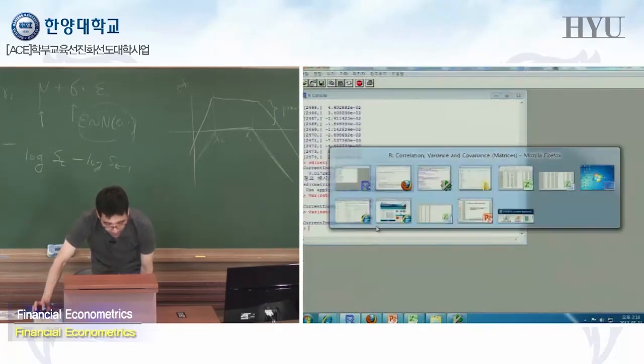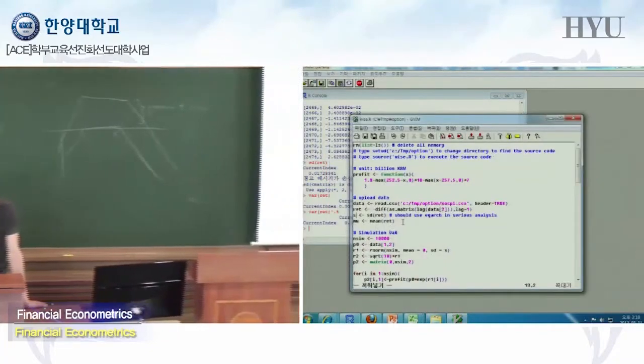So I calculated mean and standard deviation to do the simulation.